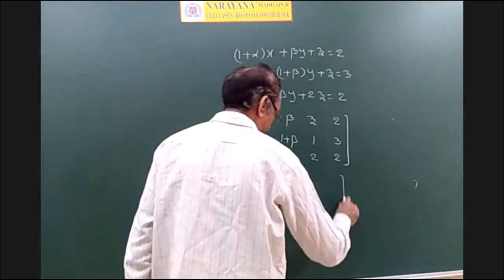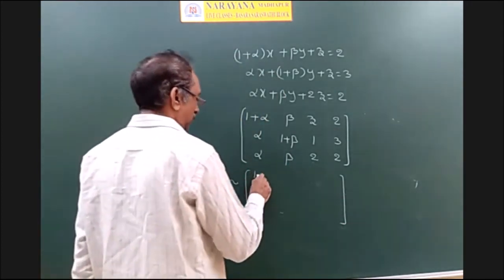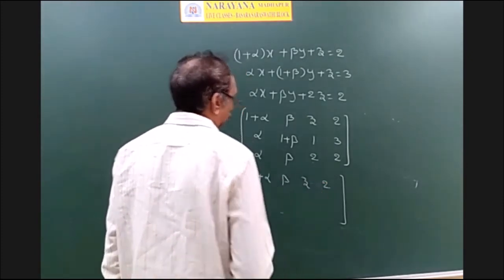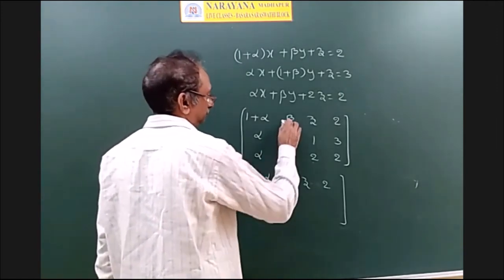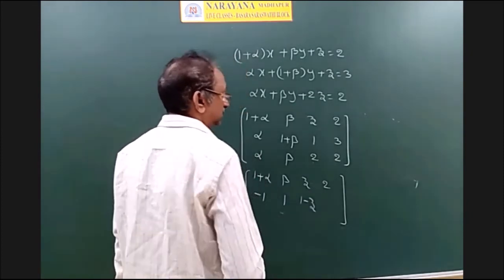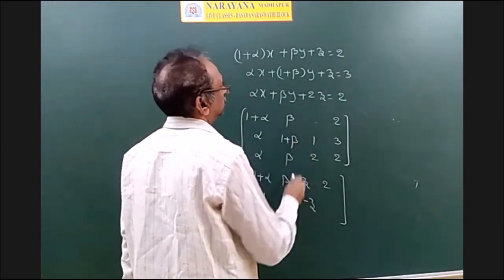So 1 plus alpha, beta, z, 2. You will get minus 1 and you will get 1. Why is it z? There is no z now.